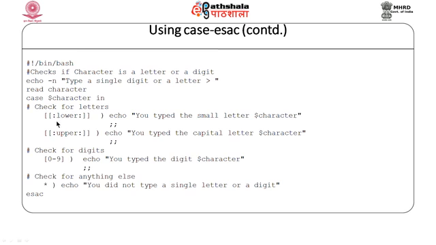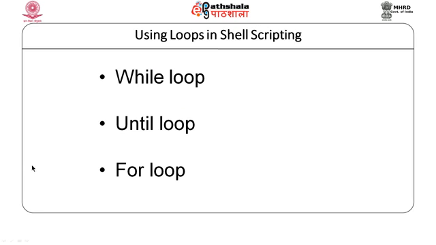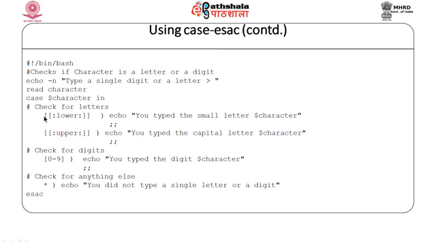Here it will check whether it is lower case, whether it is upper case, whether it is a digit, and finally, whether it is some alphanumeric value. So, this is how we can use if and case ESAC structure.